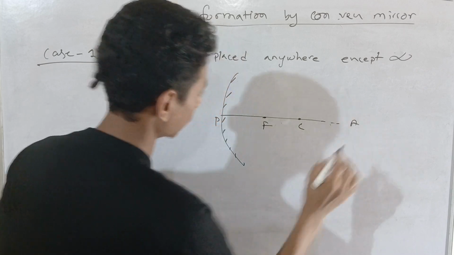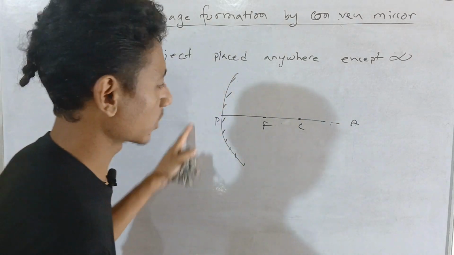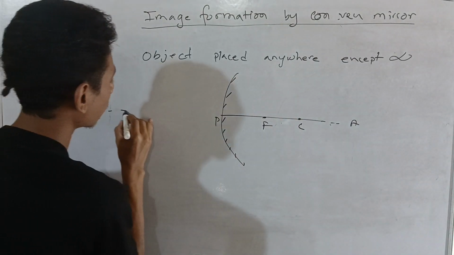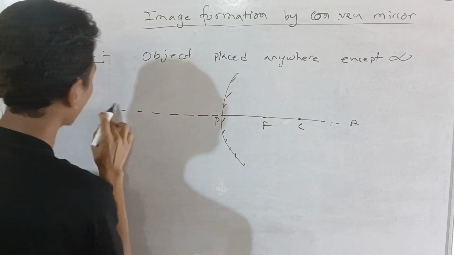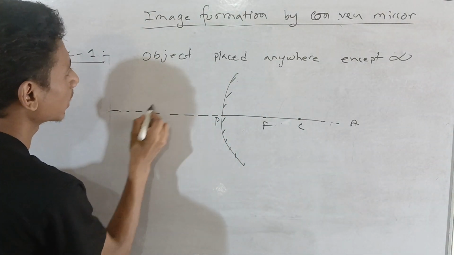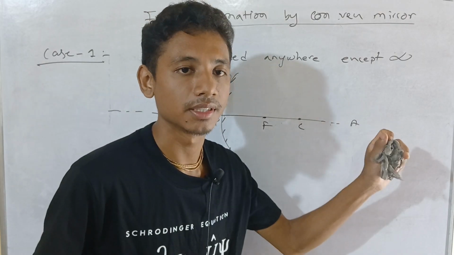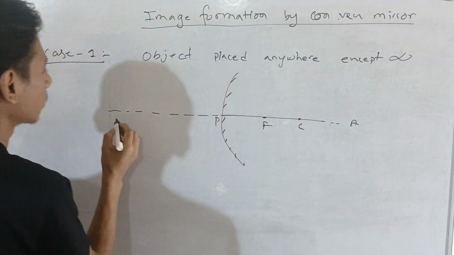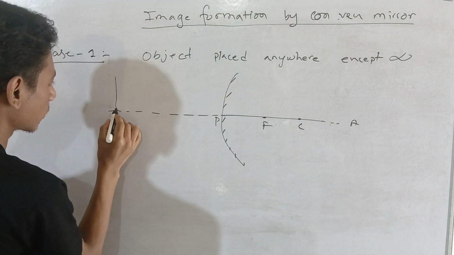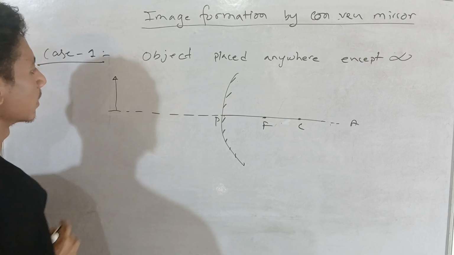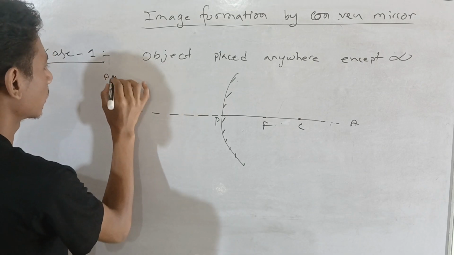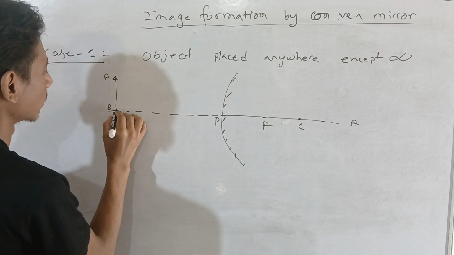So we place the object anywhere, let's say here. This is A and this is B.